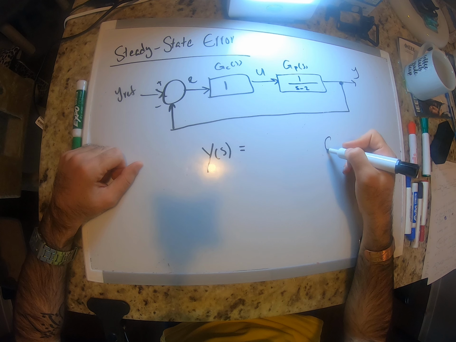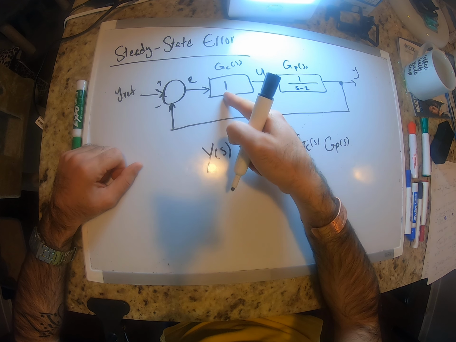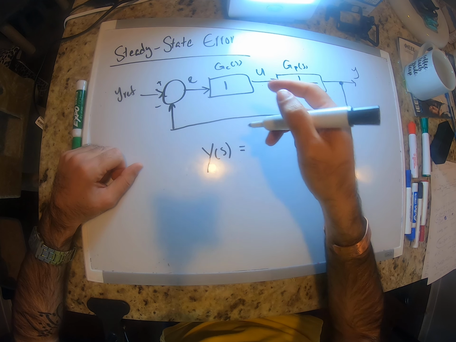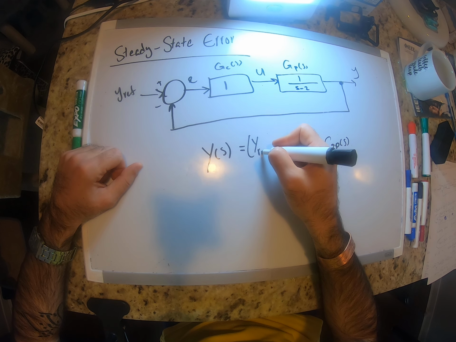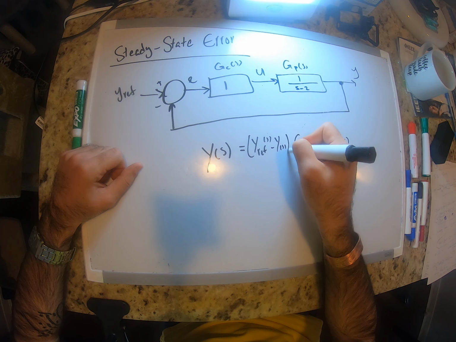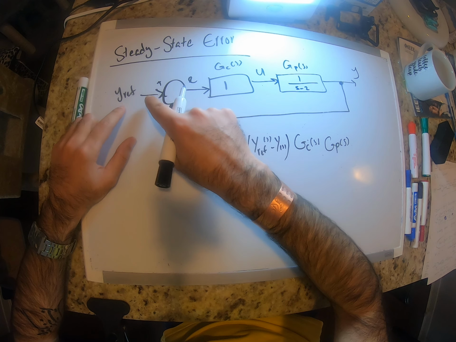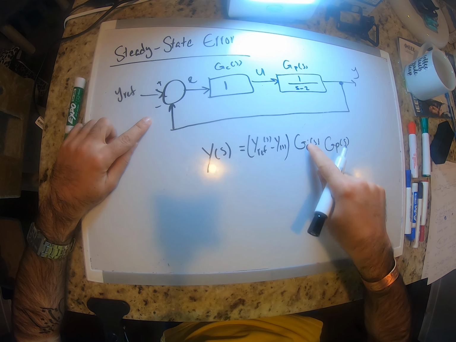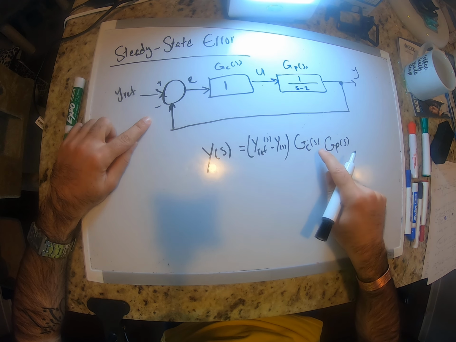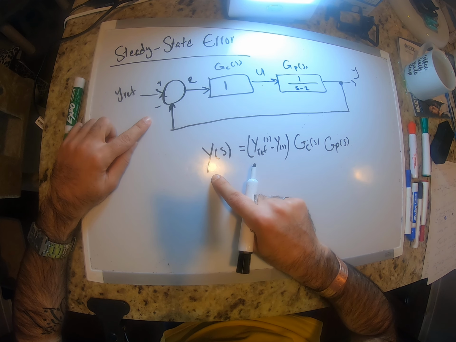So it's like GP of S times GC of S times E, which is Y reference minus Y. Okay, is everybody okay with this? Y ref minus Y becomes E. You multiply it by GC, it becomes U. Multiplied by GP becomes Y. This is what we have.